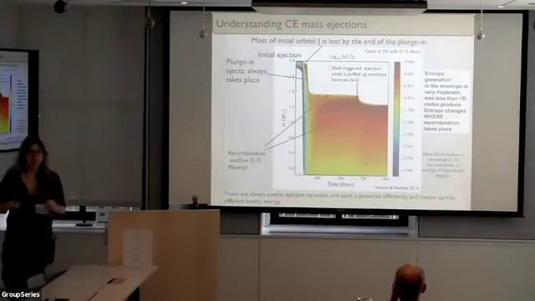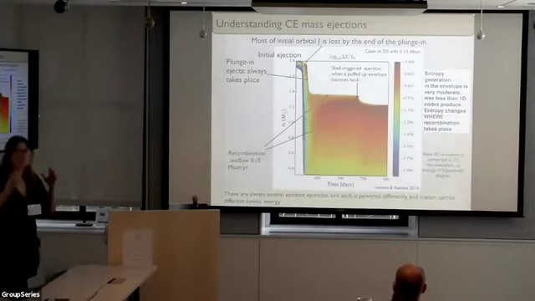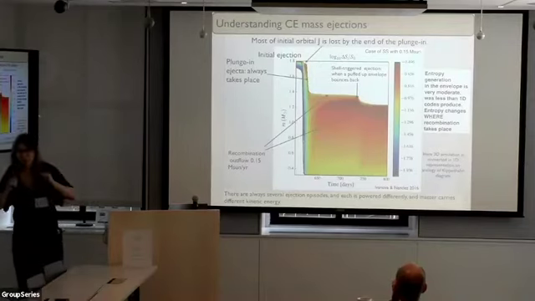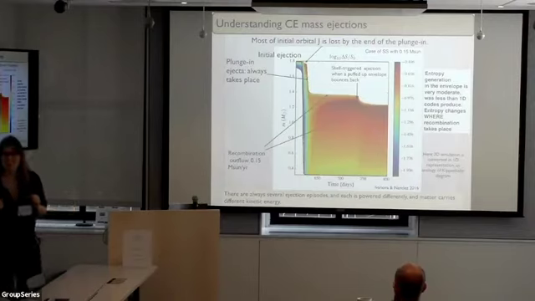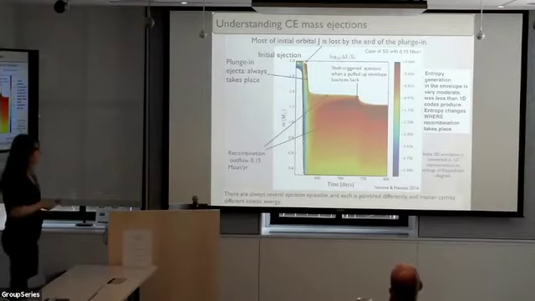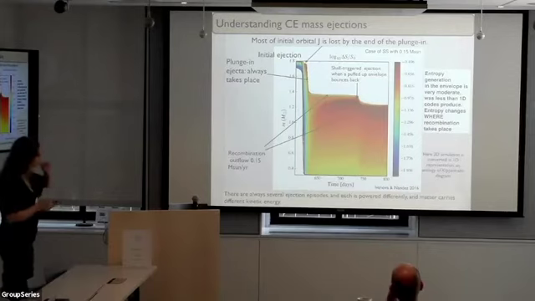Okay, so now another thing is understanding the mass ejection. Why mass ejections are important is because this is what forms the planetary nebulae, which observers can see later, right? What I see from my simulation, so this is kind of a Kippenhahn diagram where only the bound mass is shown. This is the initial mass, 1.8 solar masses. This is evolution through the common envelope evolution. And so there are several ejecta.